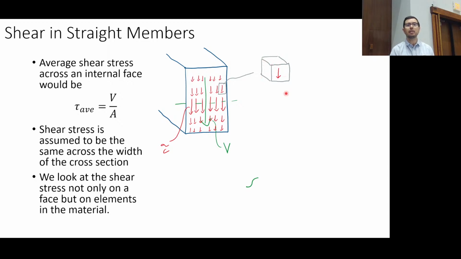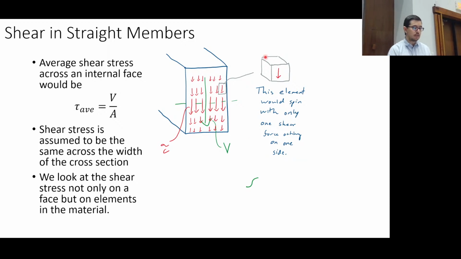Yes? Okay, upward stress. That's true. So we do have to draw an upward stress. Where would that upward stress be? Does it have to be on the same face?